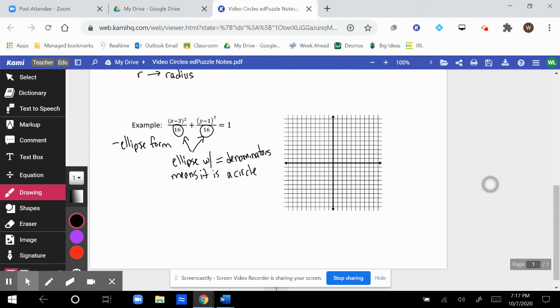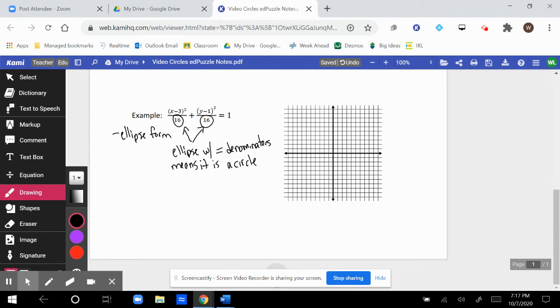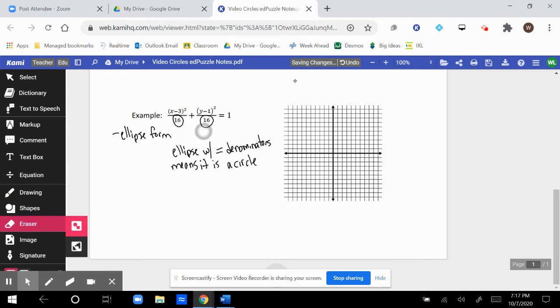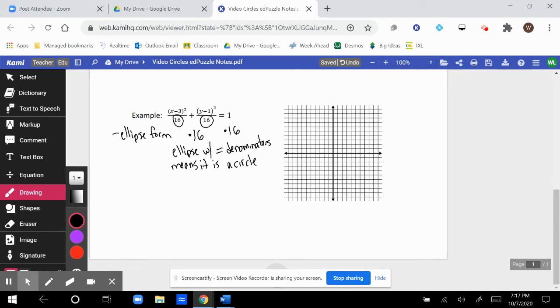Okay, and very easy to get this from ellipse form to circle form. Okay, the standard form for a circle is multiply everything by 16. Okay, and golden rule of algebra, whatever you do on one side, you must do on the other. Multiplying the left side by 16 just gets rid of your denominators. So you have (x minus 3) squared plus (y minus 1) squared. And now on the other side, you had 1 now times 16.